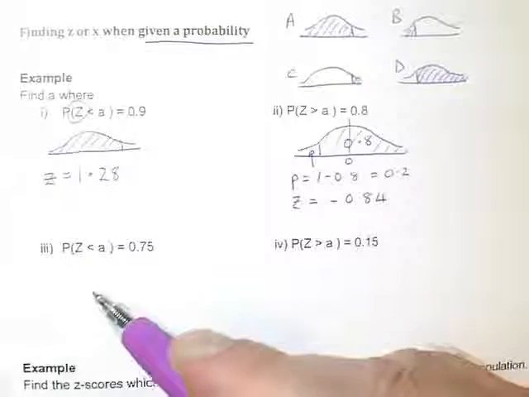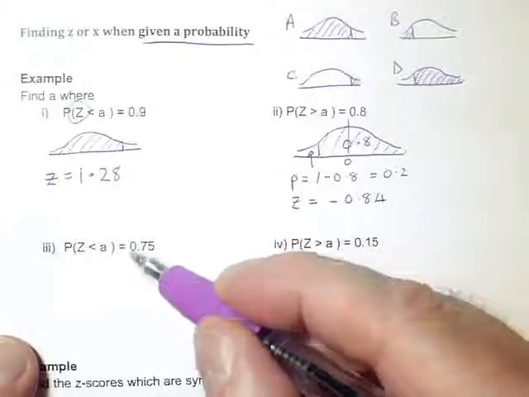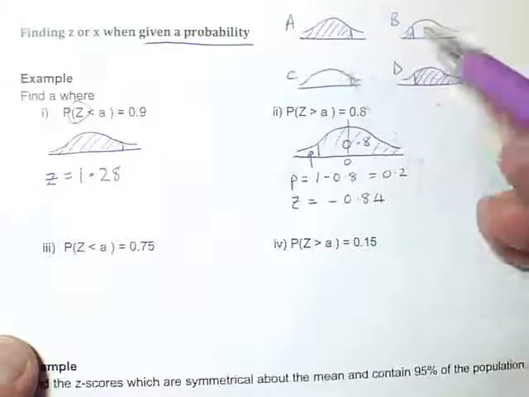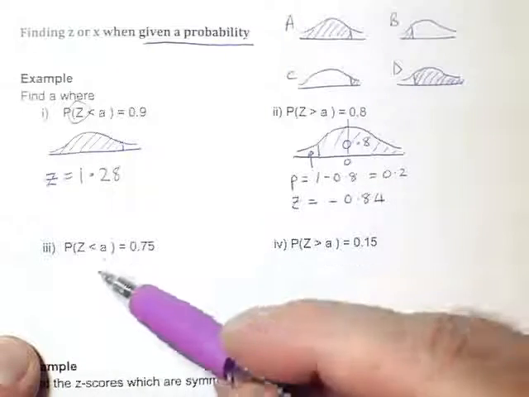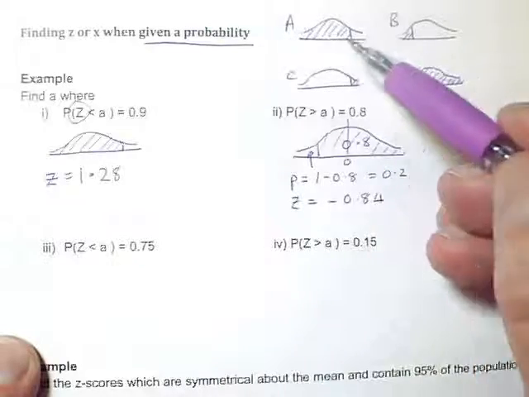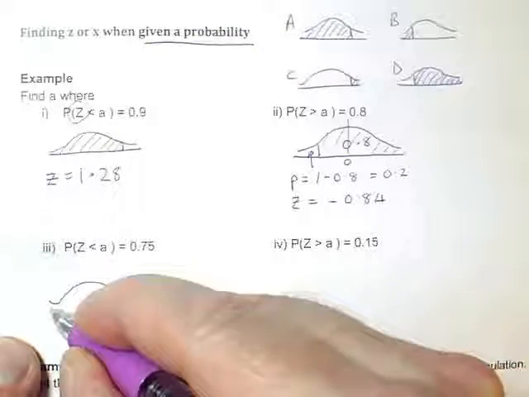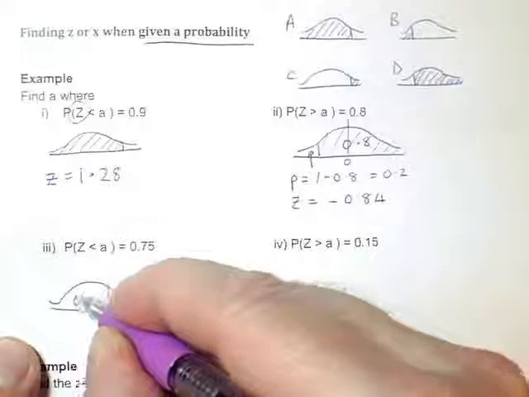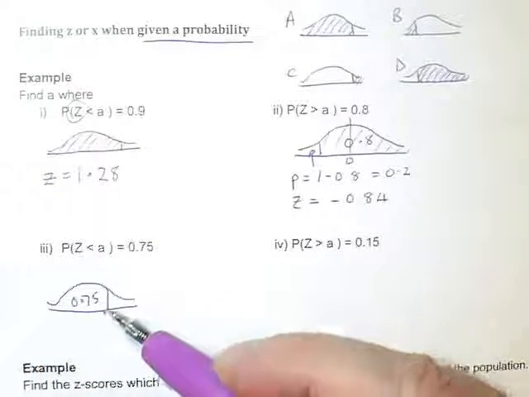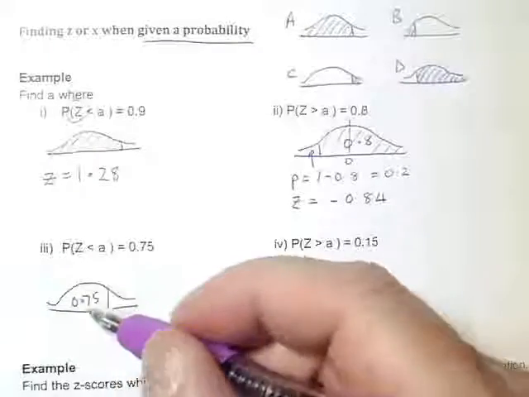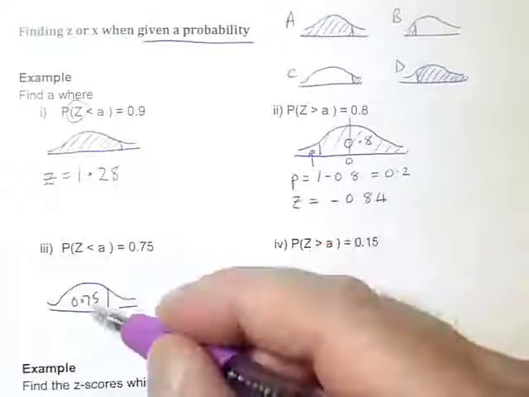So for the third one, which picture is it? Well, this probability is more than a half again. So again, it's not C, it's not B, because those are little probabilities. So it's A or D. Which side am I? I'm less than a, so I'm to the left of the cutoff. So I have picture A again. It's a probability of 0.75. Is that the right way round? Well, it's a probability to the left, so yes, that is the right way round. So I can go to my calculator.